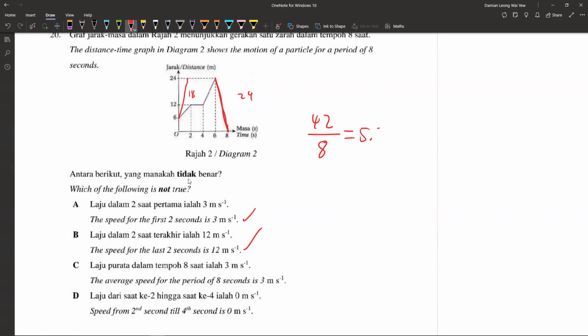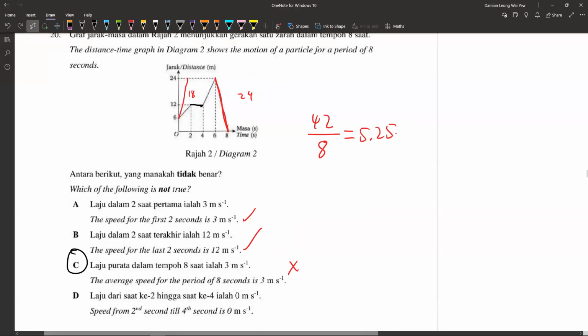Means 5.25. Yeah. So this is definitely wrong. So this C is the one that is not true. If I check the rest, I check D as well. Speed from second until fourth second is 0. So not moving. Definitely 0 speed.